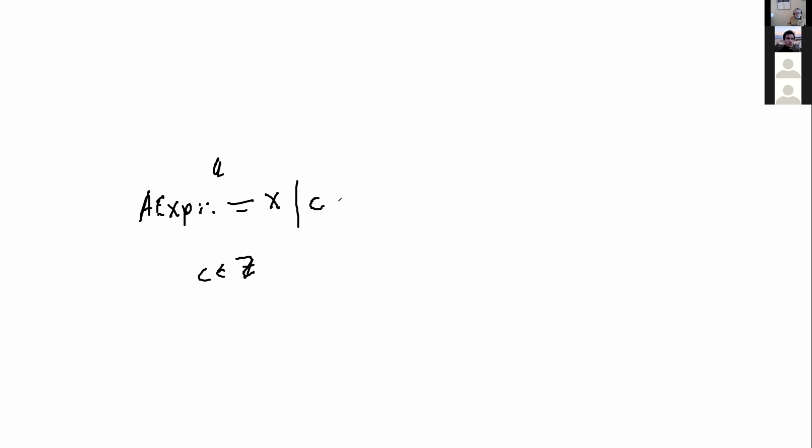So X, and then he called this a V. And then we had A1 op A2, where V is an int, X is a var, and A1 and A2 are previously constructed A expressions.